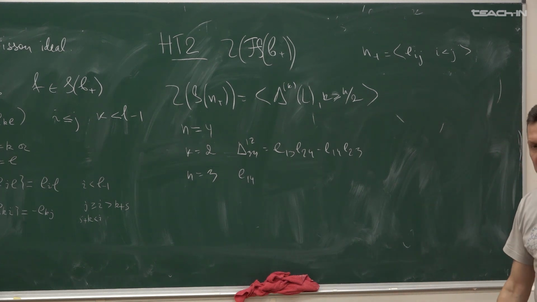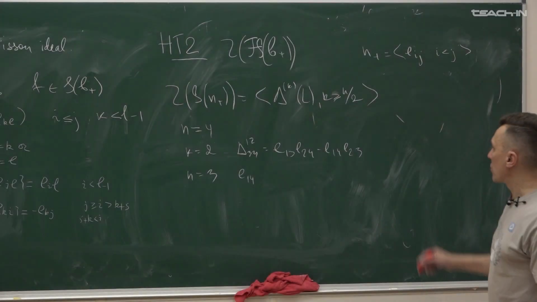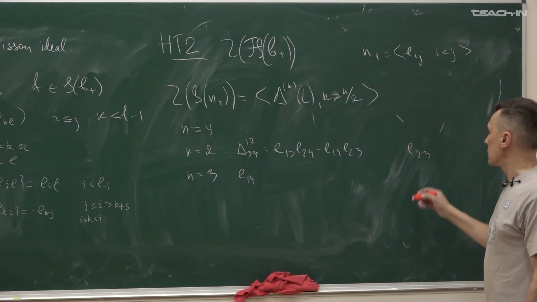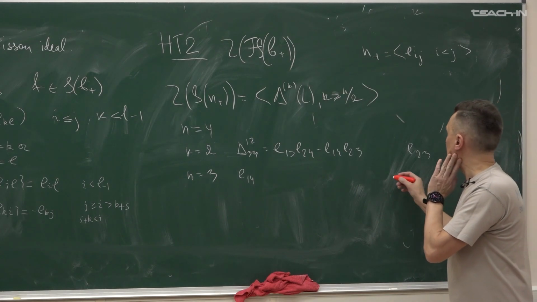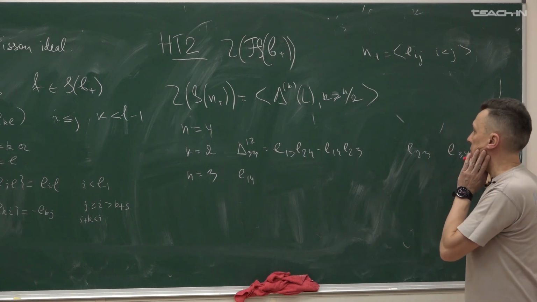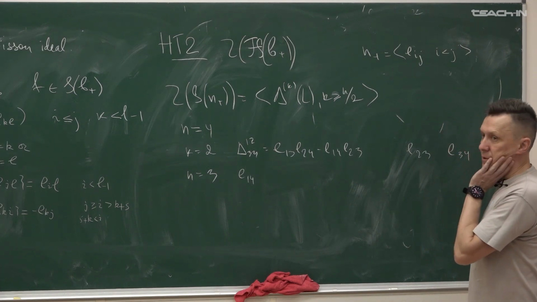Let us verify some commutators. Which commutator is not evident? For example, E23 is evident, but what is not evident? For example, E34 is not evident.